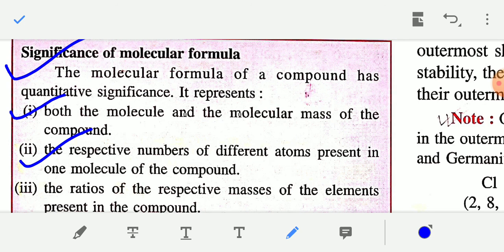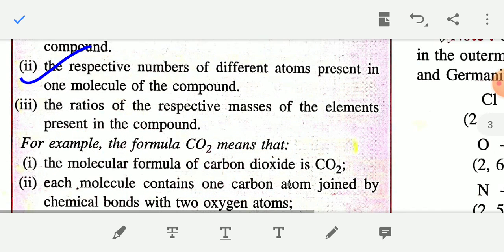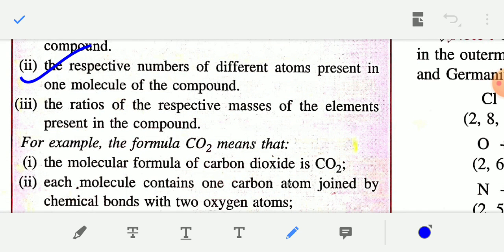It also represents the ratio of the respective masses of the elements present in the compound. For example, the chemical formula of carbon dioxide, CO2, means that each molecule contains one carbon atom joined by chemical bonds with two oxygen atoms.